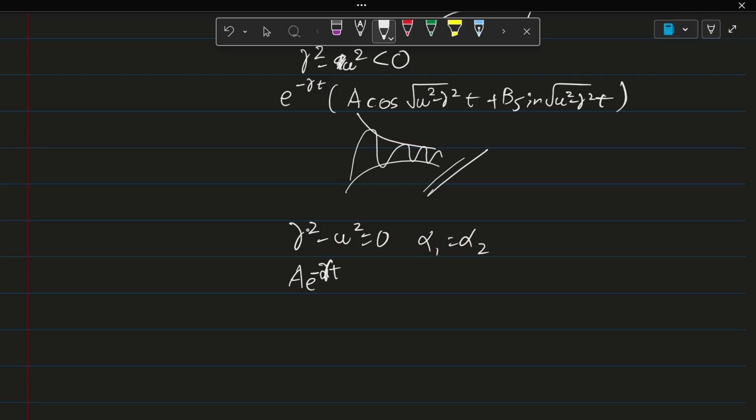But the second one will be another equation, which is b t e to the power negative gamma t. And so this could be simplified further into a plus b t. And this is the final solution, in which we call this solution a critically damped solution.